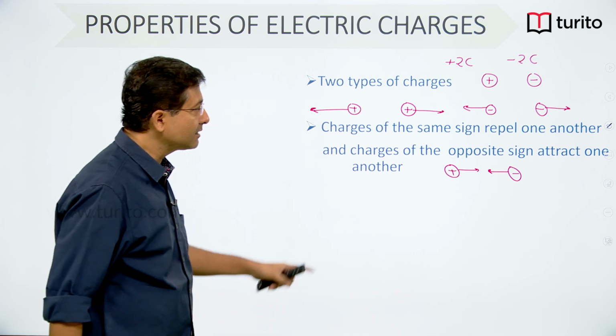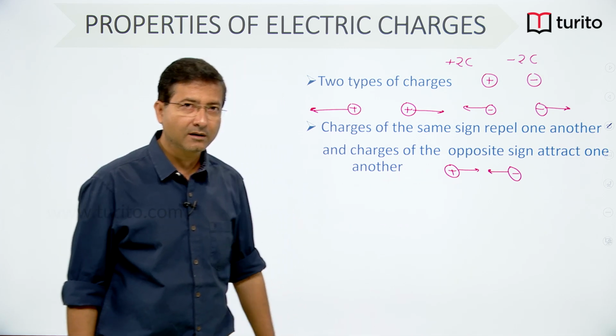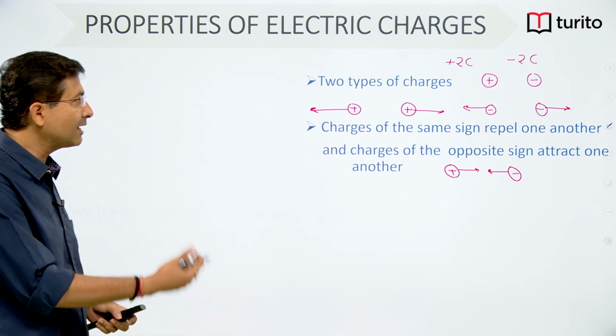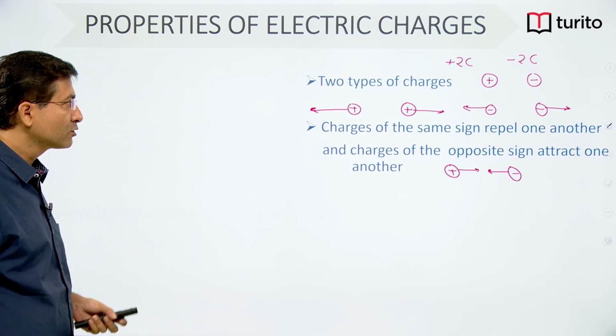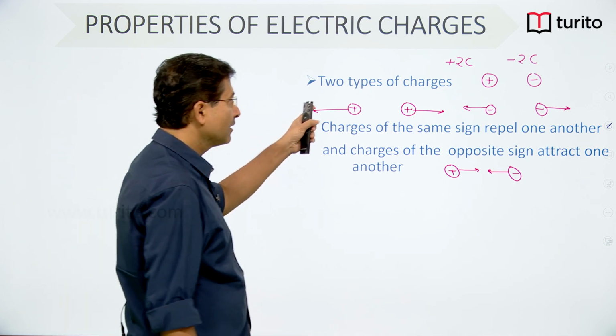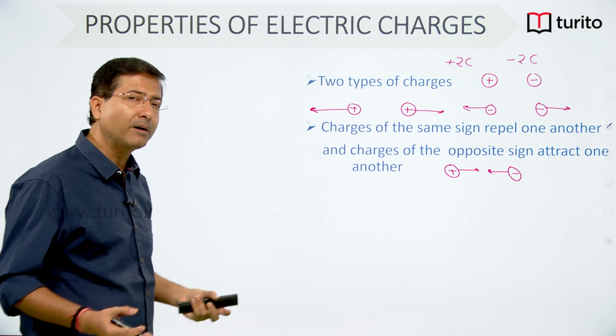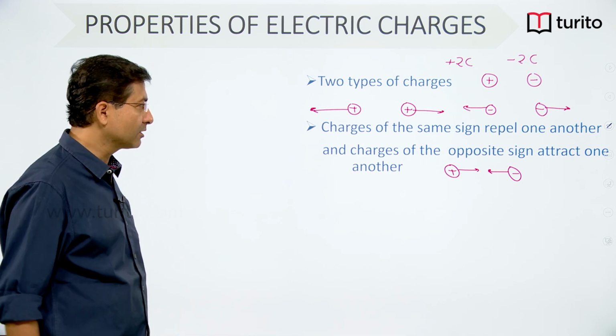So unlike charges attract each other. This is another property of charges. So first property, there are two types of charges. Second property, like charges repel, unlike charges attract each other.